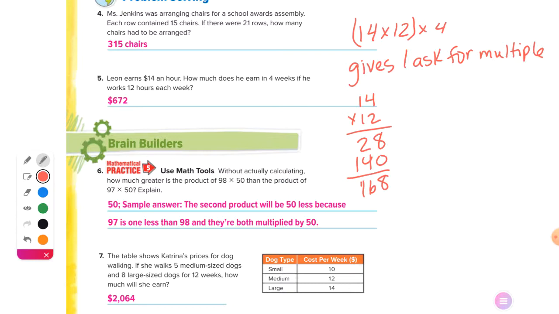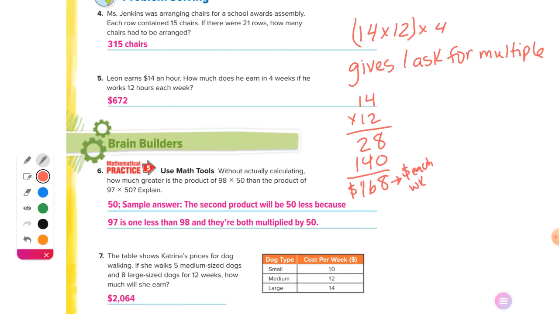Lori, what does that tell me? How much money he earned for working 12 hours a week. You're not wrong. You're just making it more confusing. Harper? That's how much he earns each week. And she's like, for working 12 hours, so she is correct. So this is the money each week.